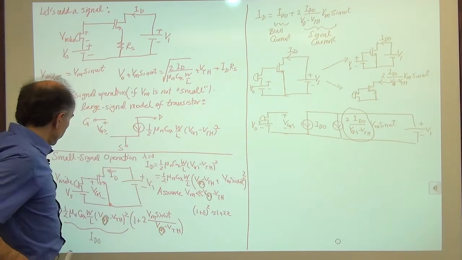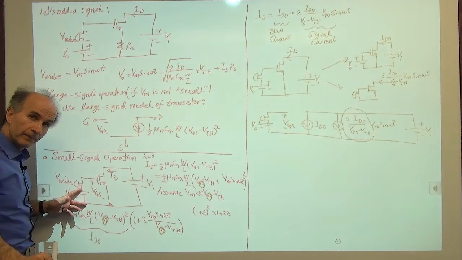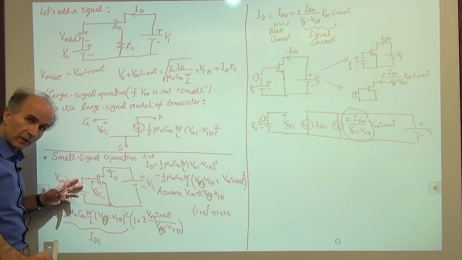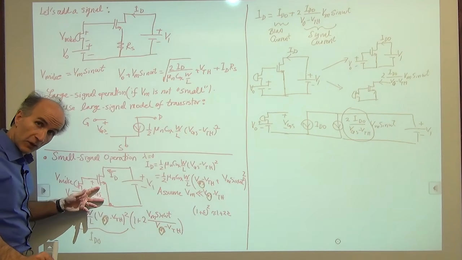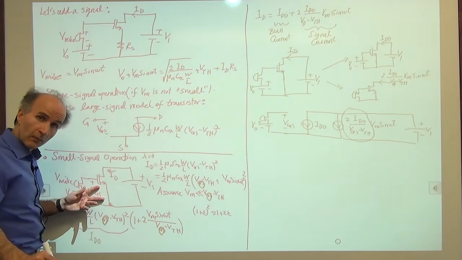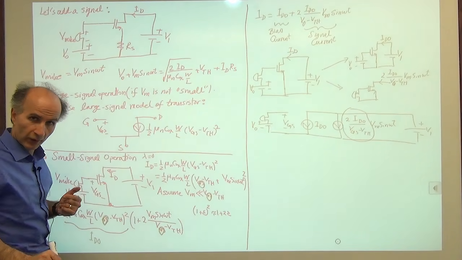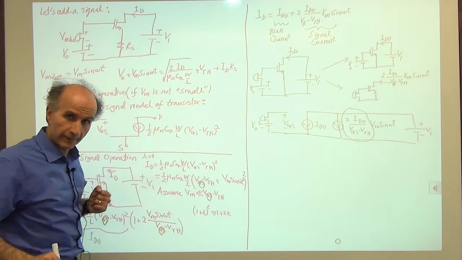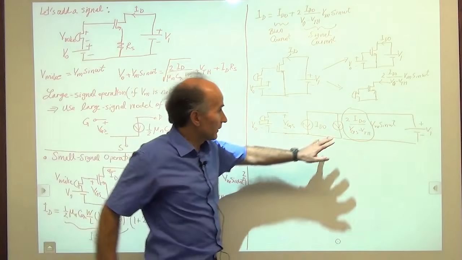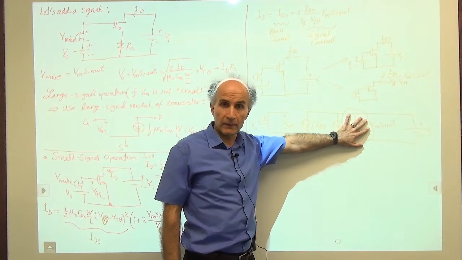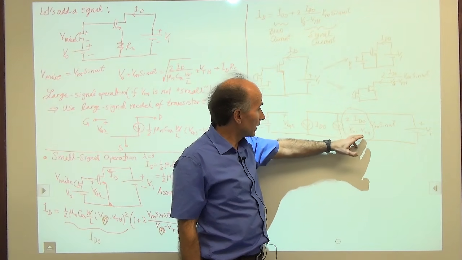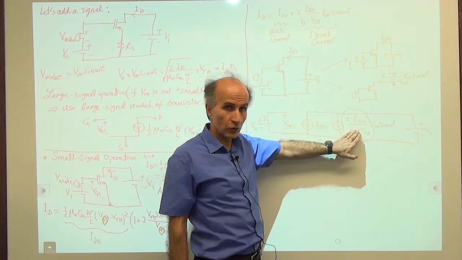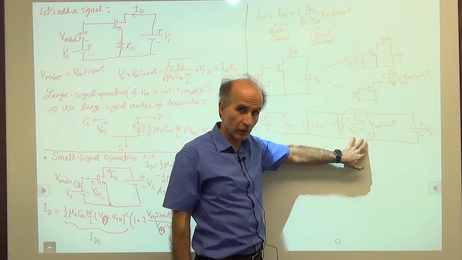Because V0 is here, and when there's no signal, the gate source is equal to V0. So it's like VGS under bias conditions minus the threshold. So that's the overdrive voltage under bias conditions. So this is entirely bias dependent. It's not signal dependent, hopefully. And it looks familiar. Twice the drain current divided by the overdrive.